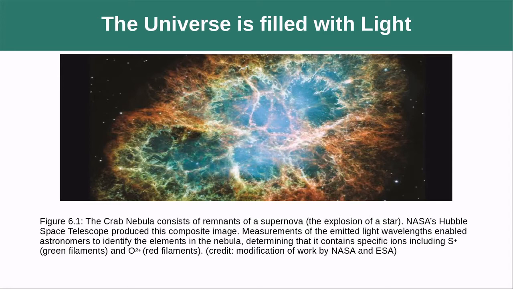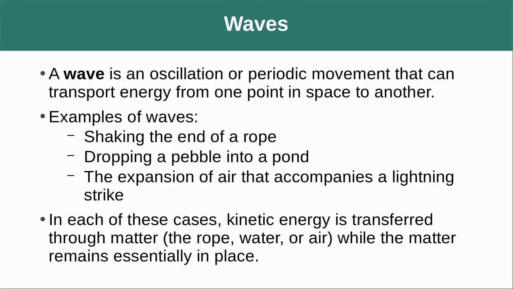We actually know that the light emitted by this nebula is due to the elemental composition within the nebula. So sulfur cations produce those green filaments that you see, and the red filaments are produced by oxygen cations. So by analyzing the light coming off the nebula, we get an idea of what its elemental composition is.